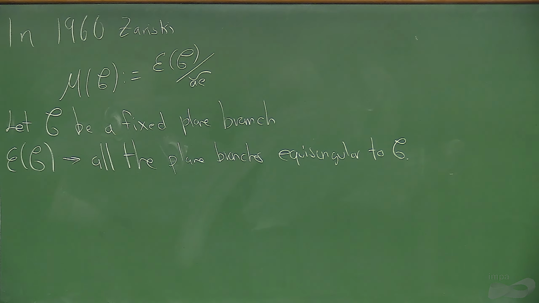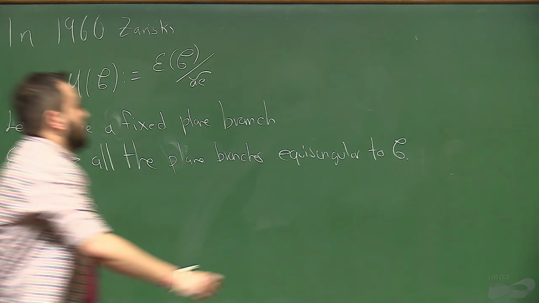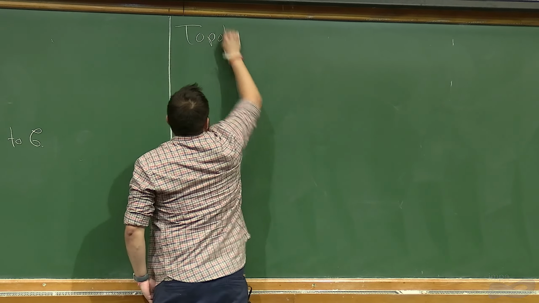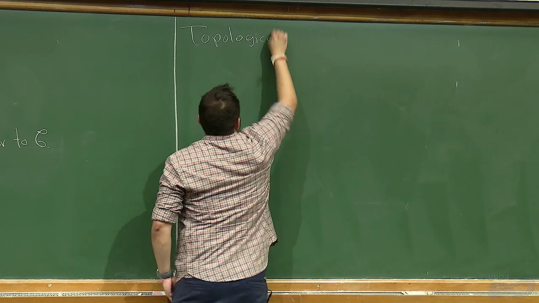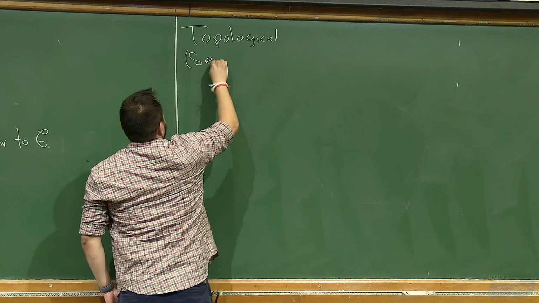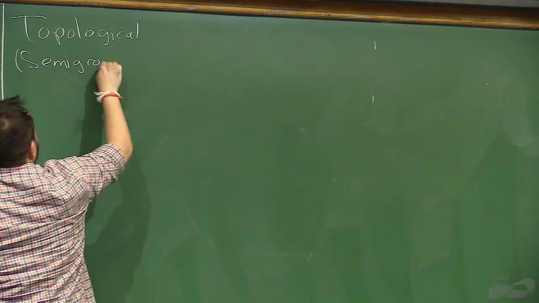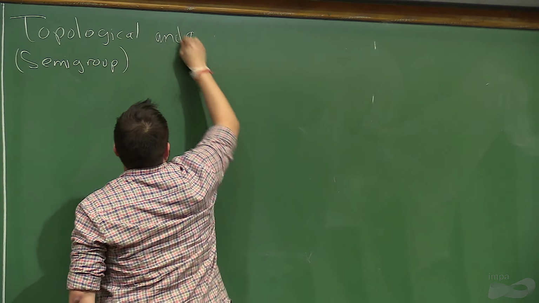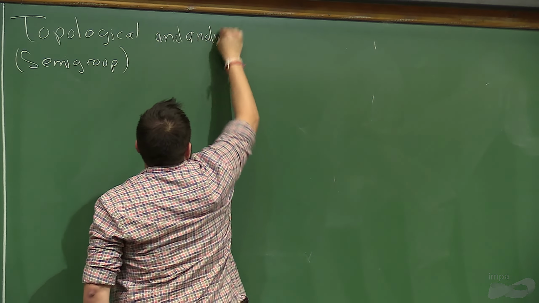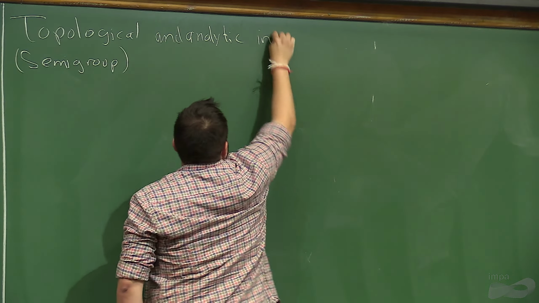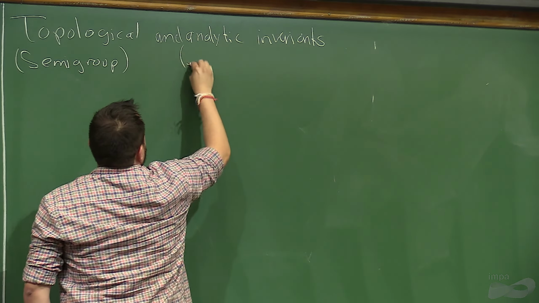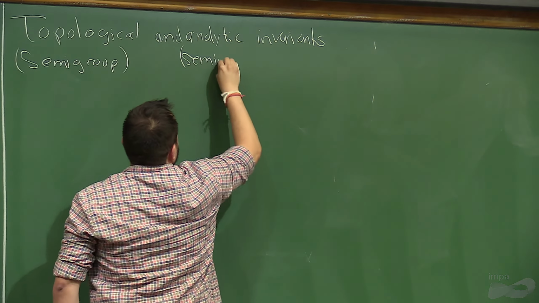And now I'm going to introduce some invariants. Topological: here is the semigroup of the branch. And analytic: here is the semimodule of the branch.